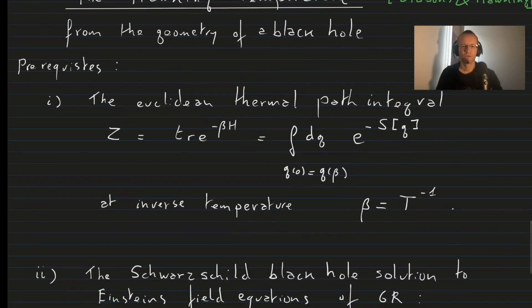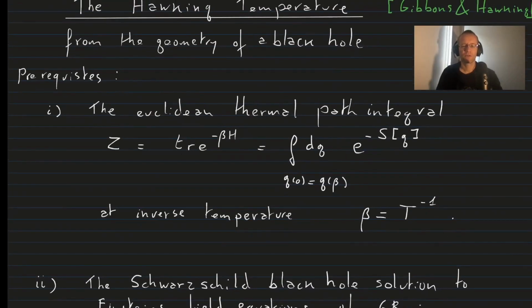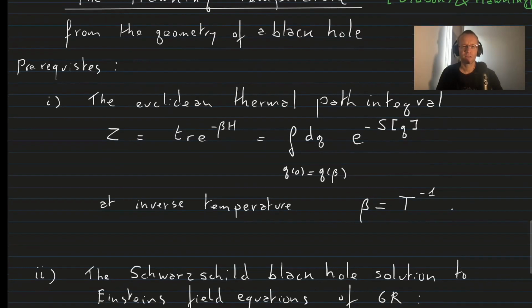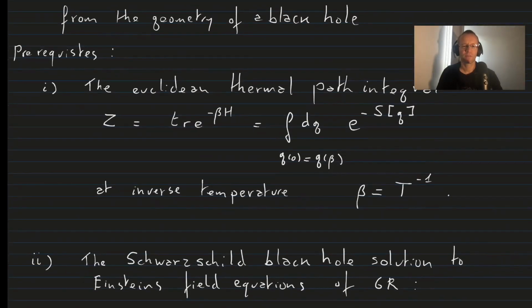I'll suppose that you know what a Euclidean thermal path integral is, and that it is equal to the thermal trace over the spectrum of a theory. So we have some partition function Z, which is a trace over the theory of exponential minus beta H, where beta is the inverse temperature. So beta is 1/T.